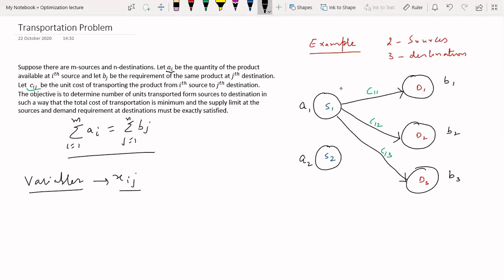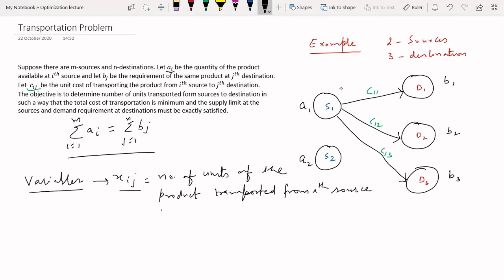So Xij is equal to the number of units of the product transported from the ith source to the jth destination.